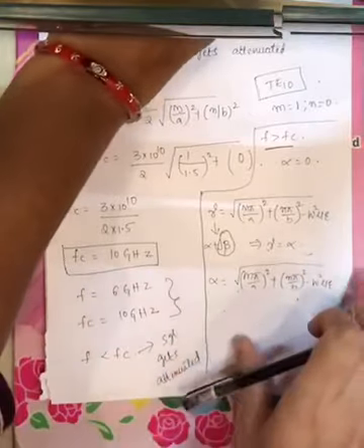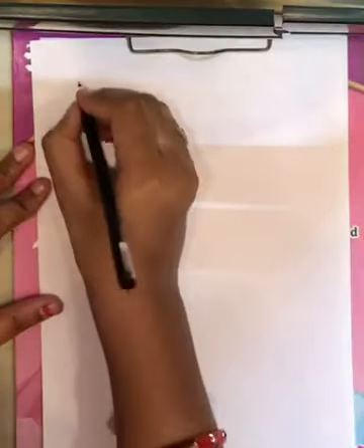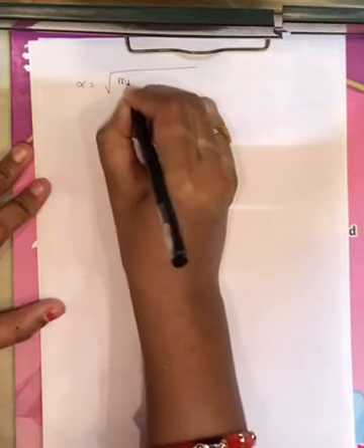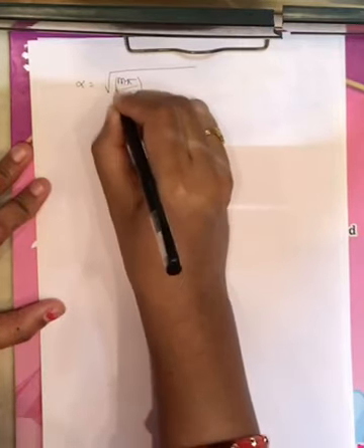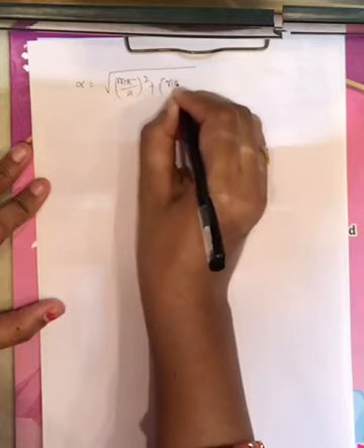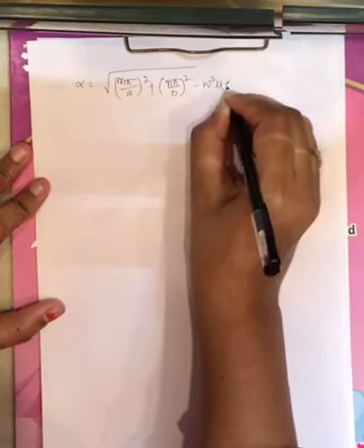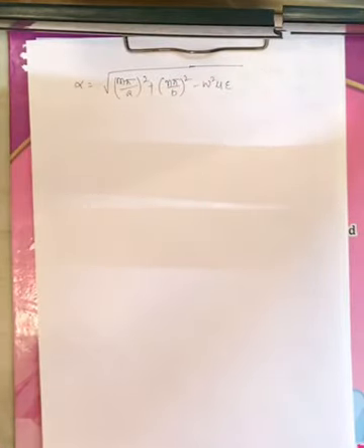Now this is expression for alpha, right? I am writing that formula again here. Alpha is nothing but under root of (m pi by a) whole square plus (n pi by b) whole square minus omega square mu epsilon, right? Now substitute all the values, calculate amount of attenuation.